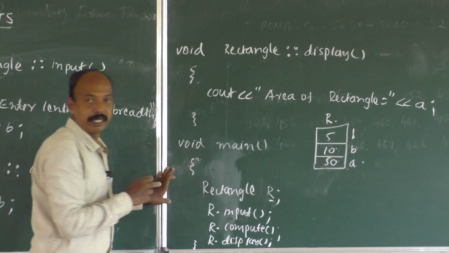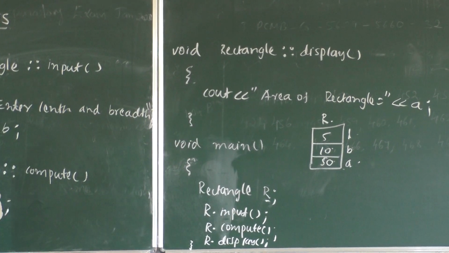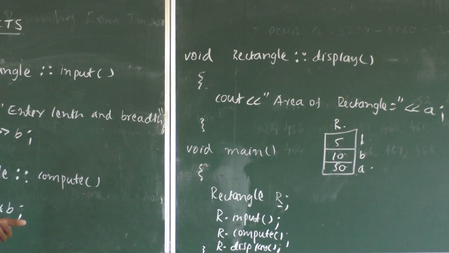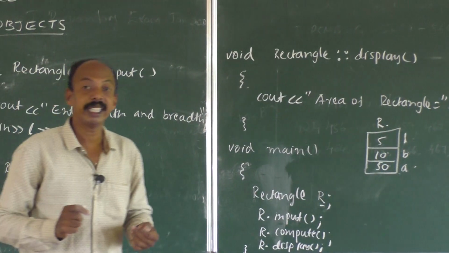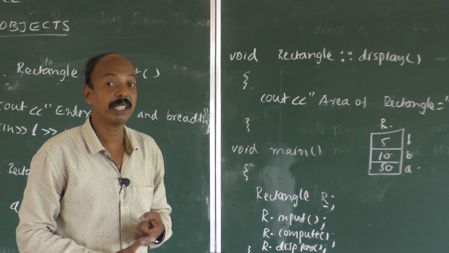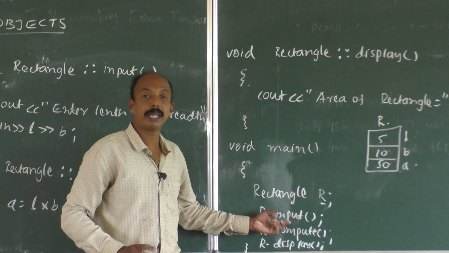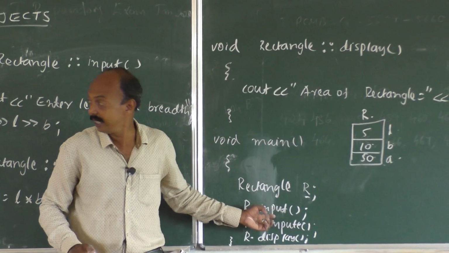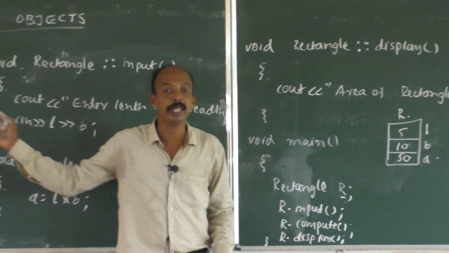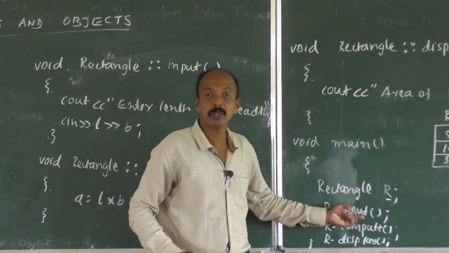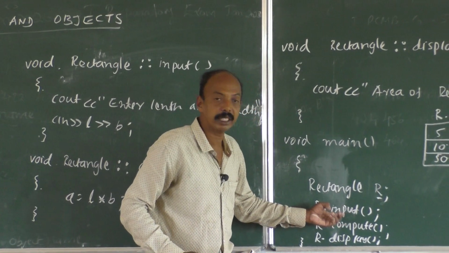Since it's public, what does it mean, public? Anywhere you can access those functions which are declared as public, but not private. You have to write it under public. If you have written this input under private, then it's not possible to access this particular function input.